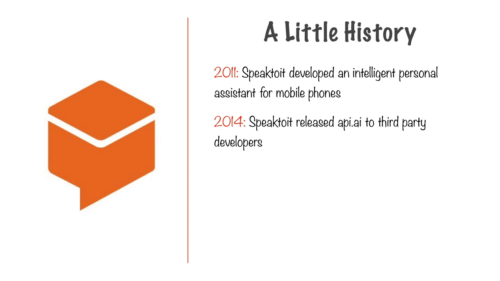And in 2014, SpeakToIt made it possible for third party developers to use these technologies as well. They released an SDK, or basically the API.ai library, to third party developers. This allowed anyone to plug into the natural language processing and other modules to build conversational apps.